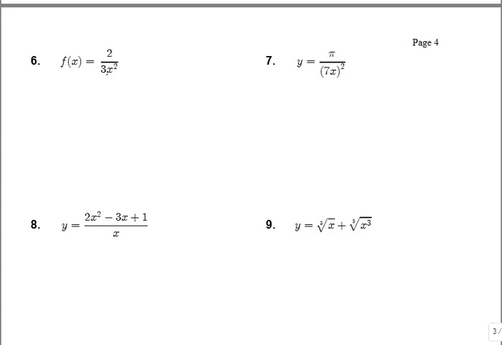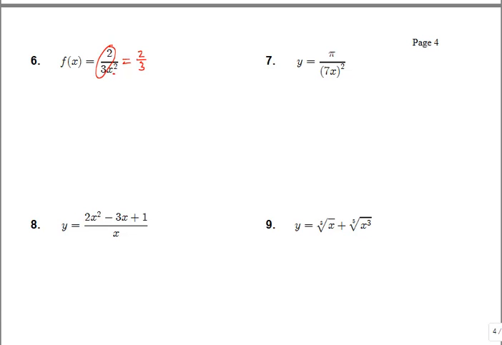So if you were presented with the function 2 over 3x squared, the only way we're going to be able to take a derivative of this using the rules we know so far is to manipulate this and try to turn it into some kind of power rule. So the first thing I'm going to do is take this coefficient, this 2/3, and push it out front. And then I'm going to notice that if I have an x squared in the bottom, I don't really want x's in the bottom because I don't know how to take the derivative of an x down in the denominator.